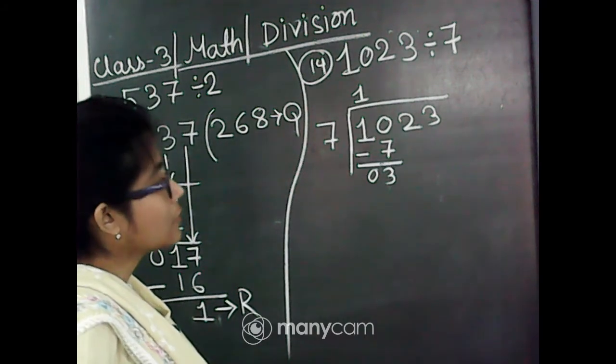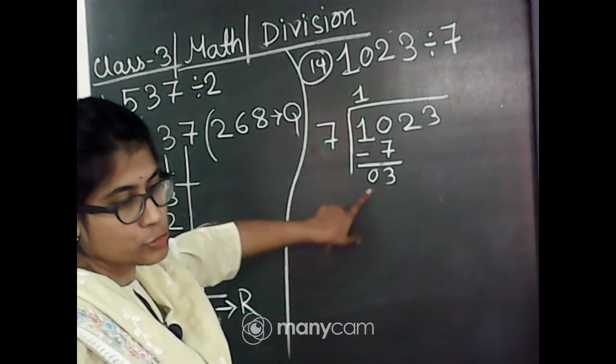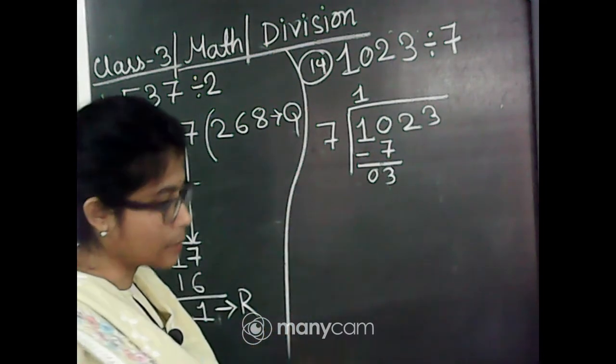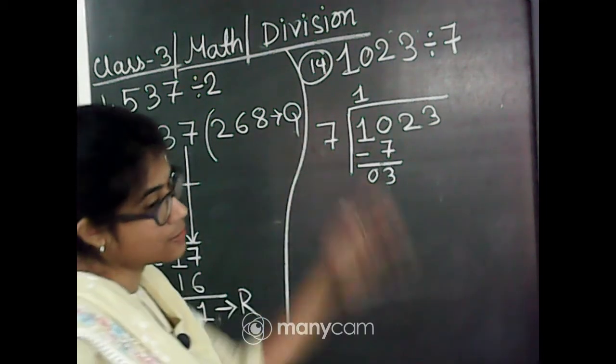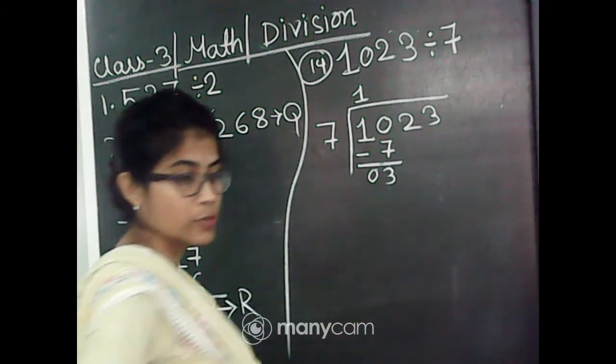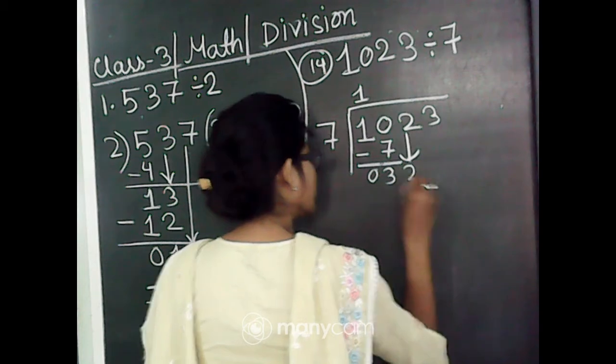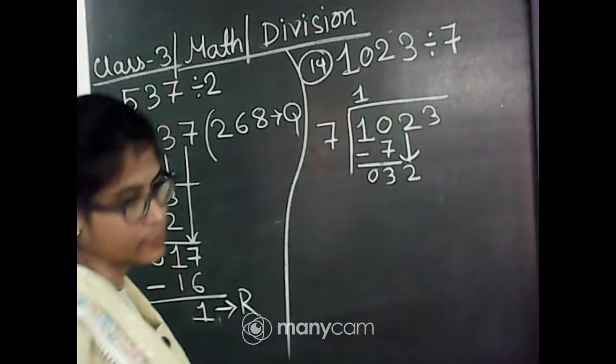Now see, this 3 is smaller than this 7, isn't it? So you can't do the division now. Now you have to look at the next number. So next number is 2, which is still not divided. So this 2 will come here. So you can put an arrow and you can place the 2 over here.